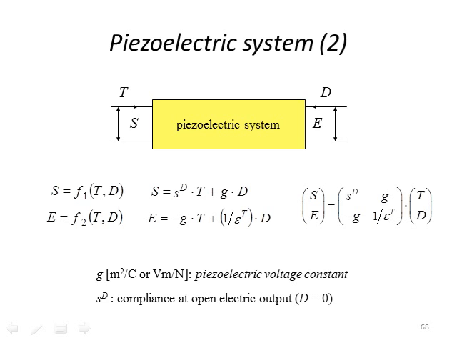We can also do this using the strain and the electric field, and these are functions of the stress and the dielectric displacement, and then we get a different set of equations, and in this case the strain is equal to S^T times stress plus g times dielectric displacement, and the electric field is a combination of this, minus g times the stress plus 1 over epsilon^T times the dielectric displacement.